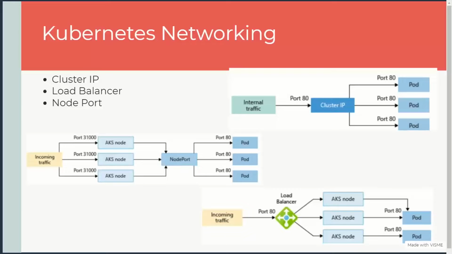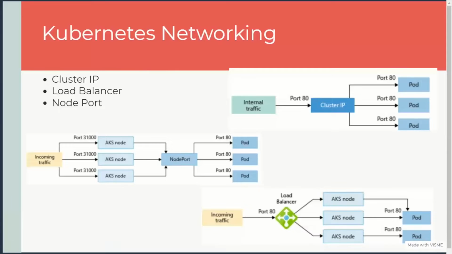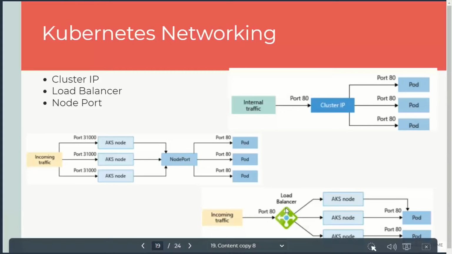The next one is the load balancer. This is to expose our web application externally. For example, in between there may be one load balancer handling the incoming traffic, and we have an IP address where we specify port 80.